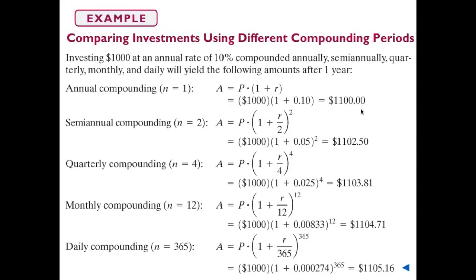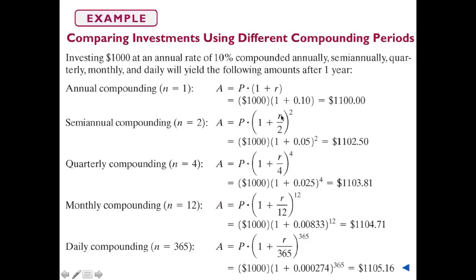A, which is our future value or our future amount, is equal to our principal times 1 plus r over n raised to the n times t power, where n is the number of times in a year that it's compounded, t is your number of years, p is your principal, r is your rate written as a decimal, and a is your future amount.